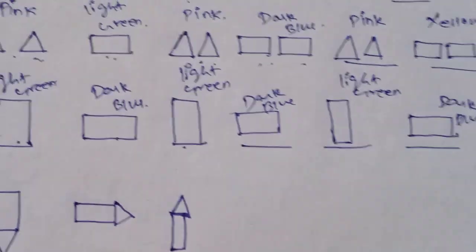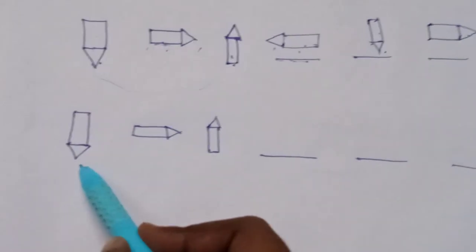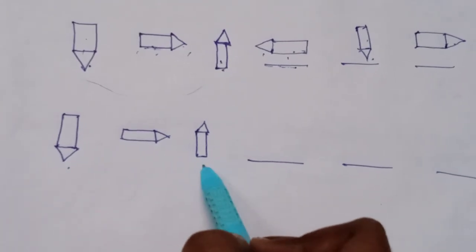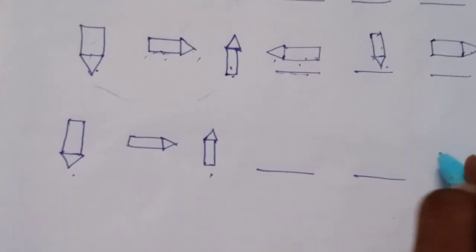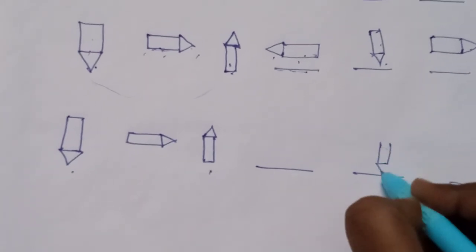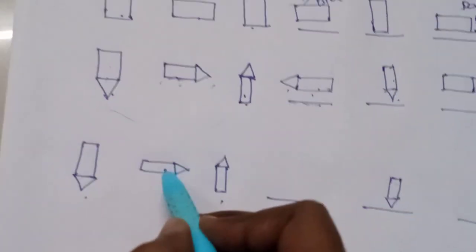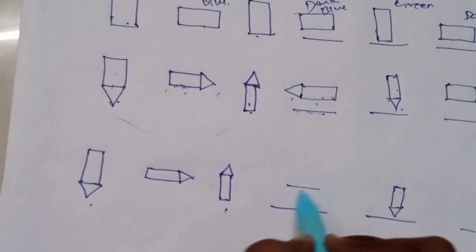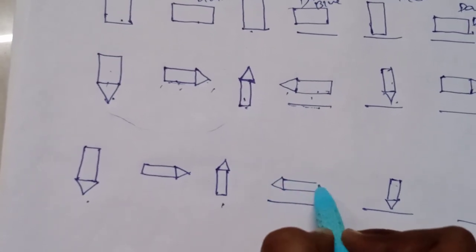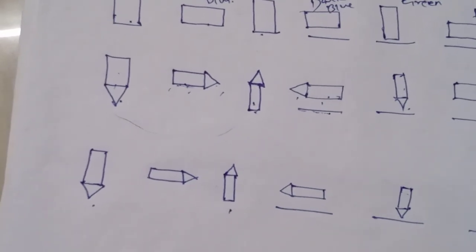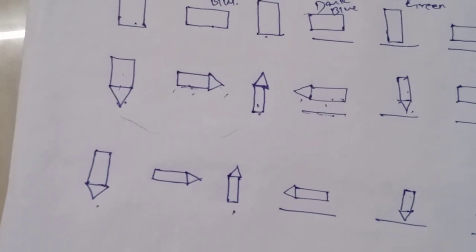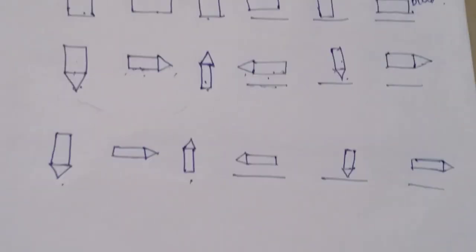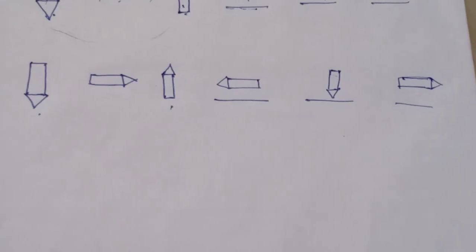Okay, so this arrow is facing down, this arrow is facing top. So in the next step we have to draw at the bottom, facing bottom. This arrow is facing this side, so we have to draw the arrow facing this side. Then when it comes to this side, the same direction it will follow. So that's all the answer.